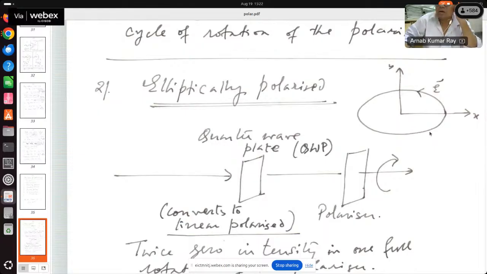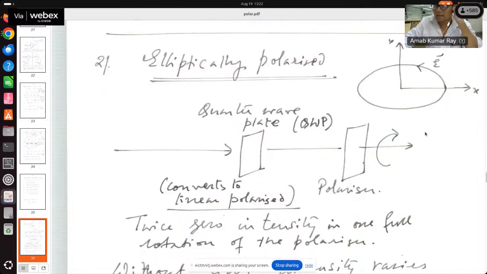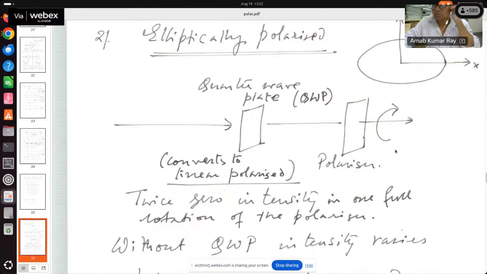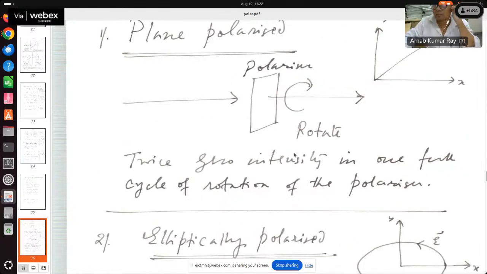So when you make an elliptically polarized light pass through a quarter wave plate, it will introduce another pi by 2 phase difference. So pi by 2 plus pi by 2, it will immediately pick up a phase difference of pi. So once it has picked up a phase difference of pi, then it has become a linearly polarized light, and it will show the same behavior as in the previous case.